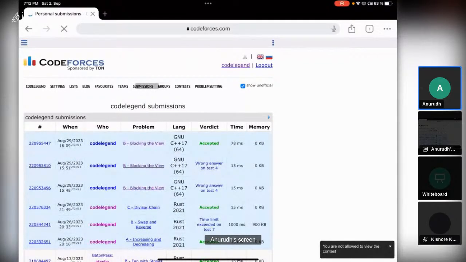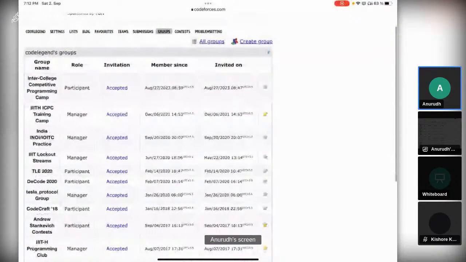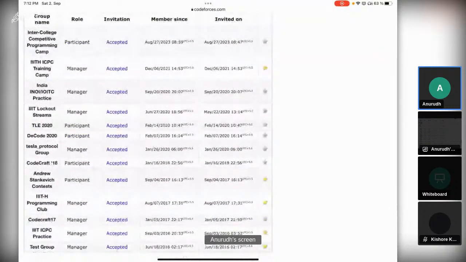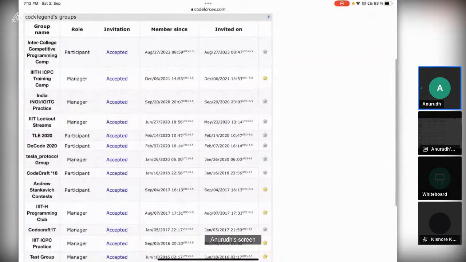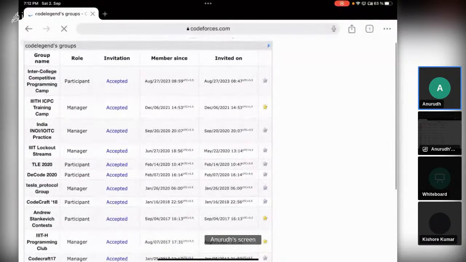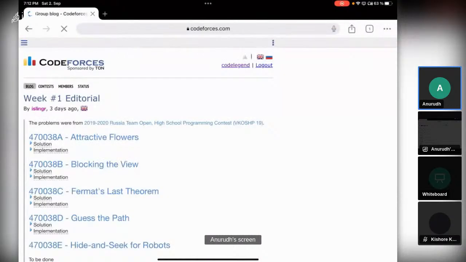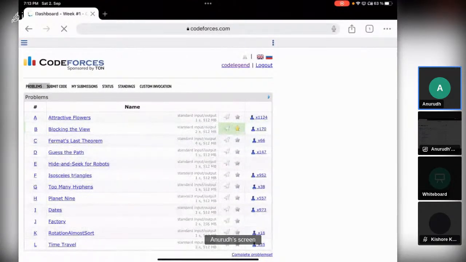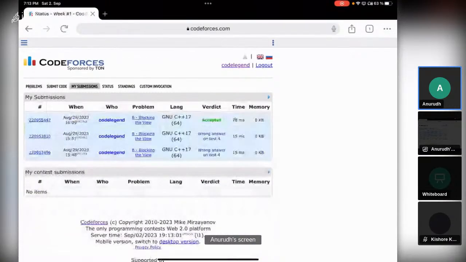Okay, let's go to groups. What is this group called? Ah, okay, this one is open. First one. Oh, why is it so slow?